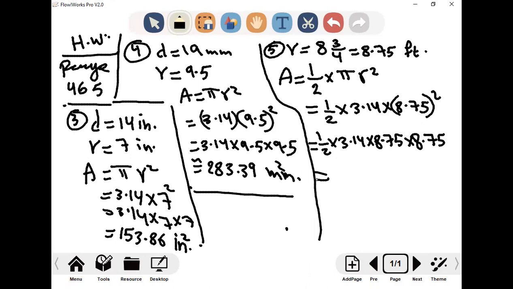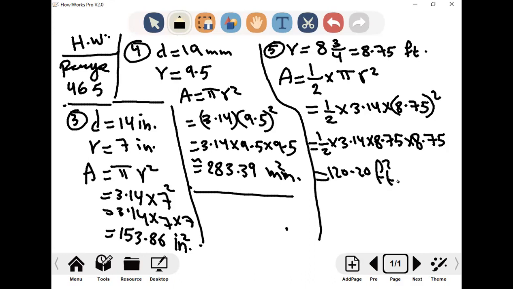The answer will be 120.20 square feet. Okay, this is question 5.